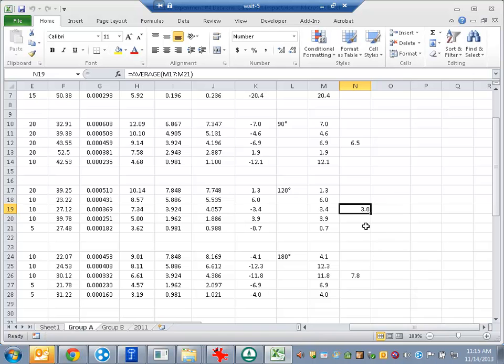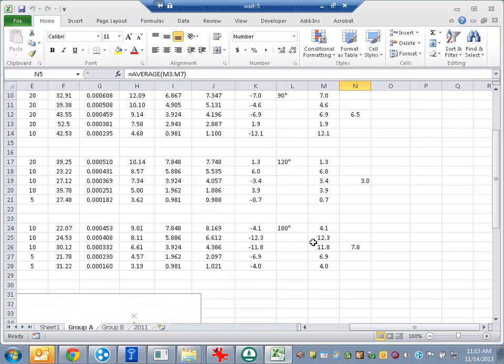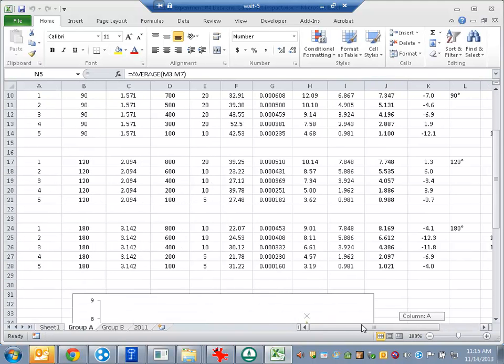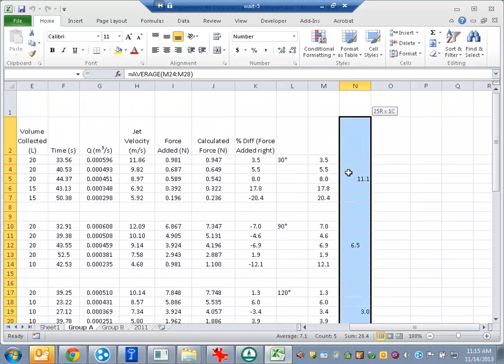I had an average of 3% for the 120, 11% for the 30 degree on average. I did more runs though. Overall average? 7.1% different across all of them.